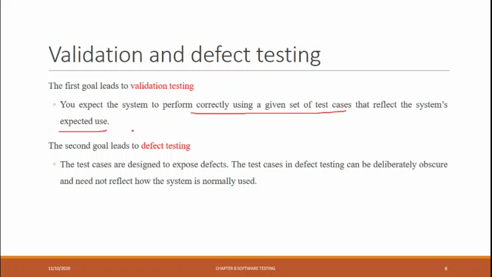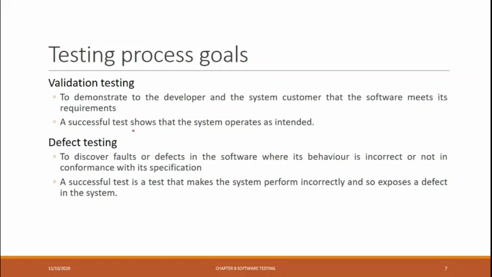So you have to find some error in the software, and the test cases have to be designed in such a way that some error is found. So this is validation as well as defect testing.